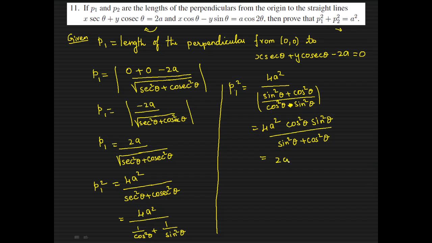I can write this as 2a cos theta sin theta the whole square. Still I can simplify this. Let me take this a and combine 2 cos theta sin theta. What is 2 cos theta sin theta? Sin 2 theta, the whole square. So P1 square is equal to a square sin square 2 theta. So this is our P1 square.